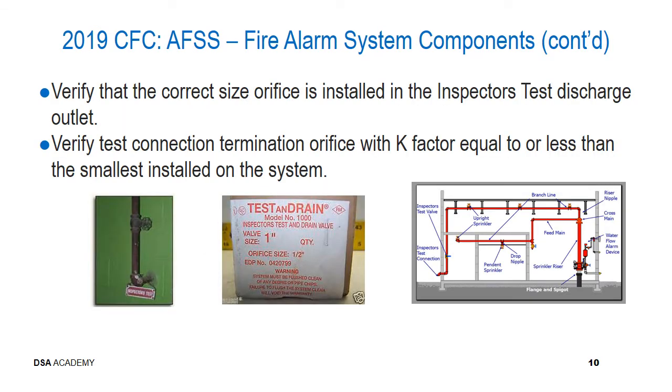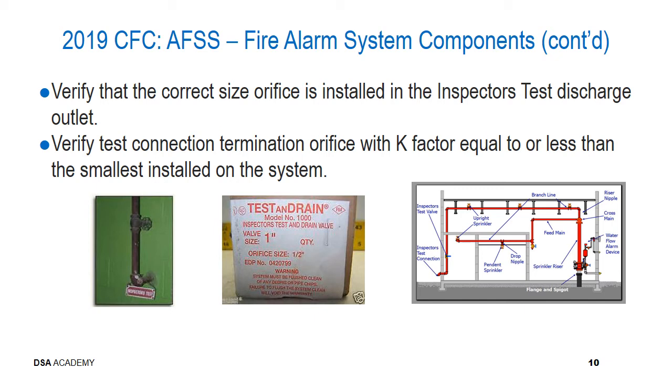Need to verify that the correct size orifice is installed in the alarm test device. In those cases where the inspector's test assembly is utilizing a sprinkler head as the control discharge mechanism, that requires a minimum 1/2 inch orifice sprinkler head to be installed.